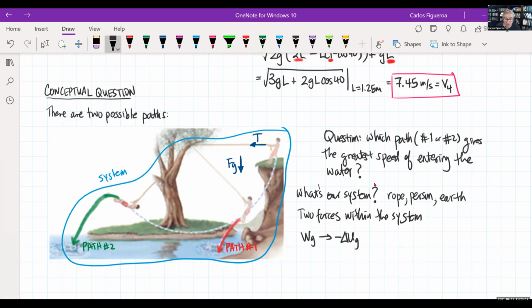So the work done by gravity does not change the total energy of the system. Right? Maybe I should not write that. I think I'm going to just say it. So the work of gravity does not change the total energy of the system.